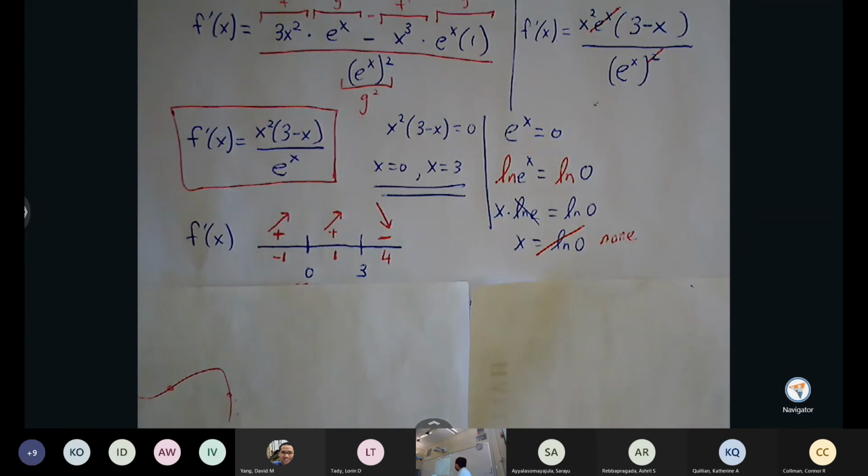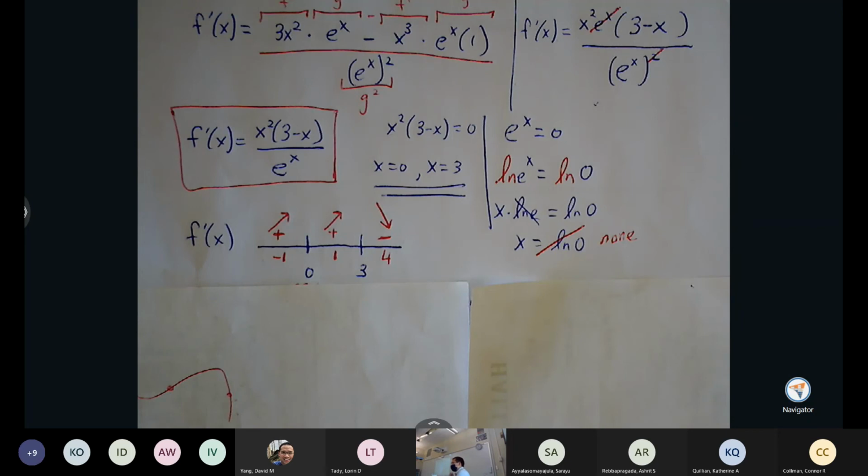So there's my sign line. Most everything I need is from that sign line. Relative extrema, there's only one, right? X equals 3, right? And it's a relative what? Relative maximum. And then if I ask you for the ordered pair, you would plug 3 back into the original.